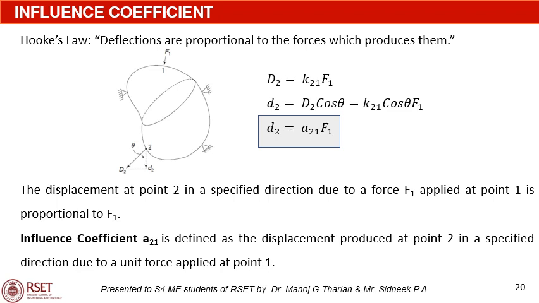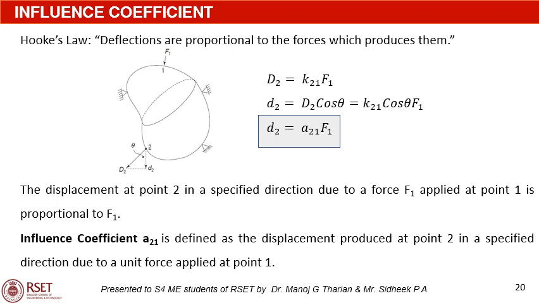Force F1 is applied at point 1 on the body, which is in equilibrium. As a result, point 2 on the body undergoes a deflection which, according to Hooke's law, is proportional to F1. The deflection at point 2 may take place in a direction which is quite different from that of F1.